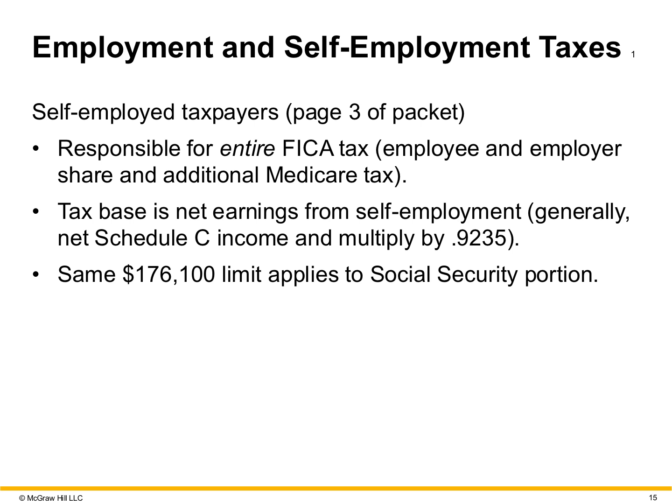The reason it's 92.35% is that while they are responsible for paying the entire FICA tax, the full 12.4% of Social Security tax and the entire 2.9% of Medicare tax, they are allowed an implicit deduction for the employer's portion of those taxes.